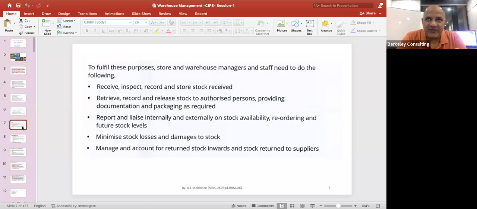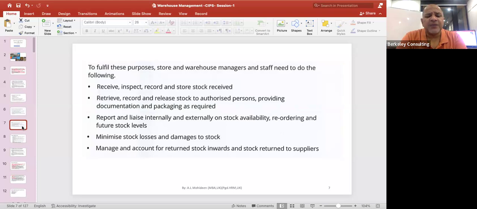Then retrieve and record, release stock to an authorized person, providing documentation and packaging as required. If there are any special orders coming for dispatching, at that time the quantity, quality, use-by date and expiration date should be double checked according to the requirement before things are released.